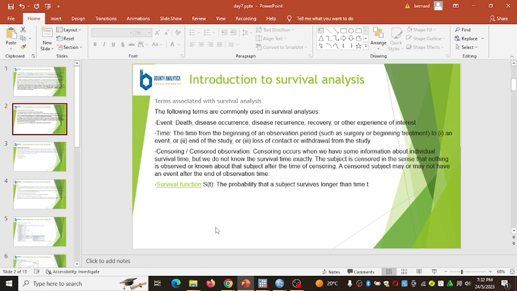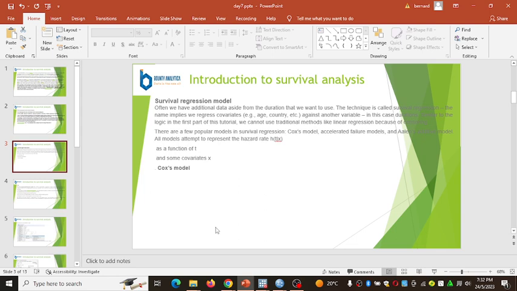So the subject is censored in the sense that nothing is observed or known about the subject after the time of censoring. A censored subject may or may not have an event after the end of the observation time. We have the survival function S of t. This is the probability that a subject survives longer than the assigned time t.